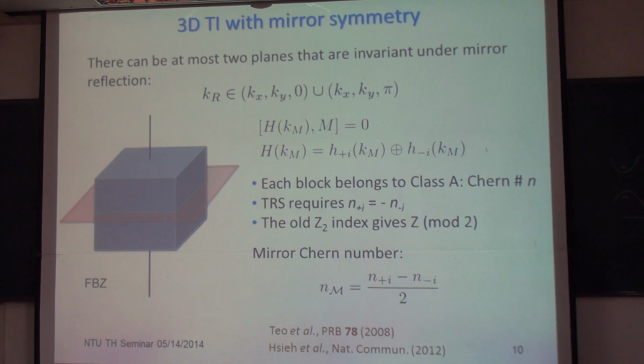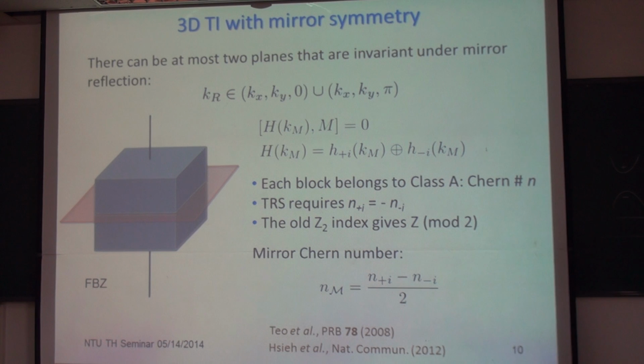Let's consider a system. This is its first Brillouin zone, and it has a very simple cubic shape. And also, we assume it has some mirror invariant planes. And here, clearly, we have a plane.